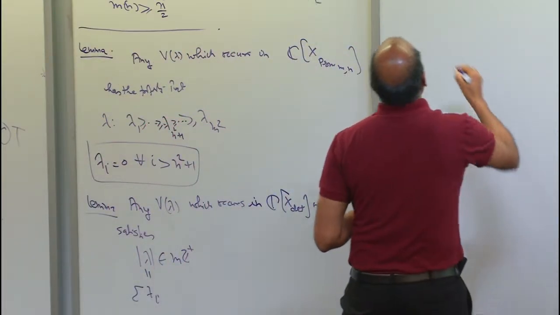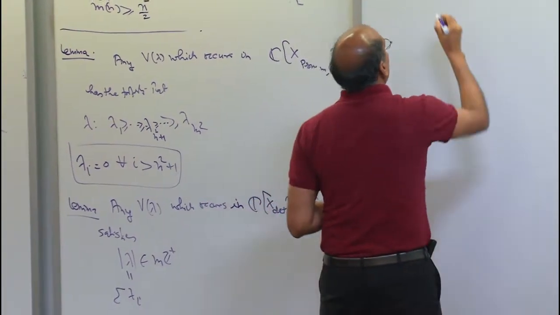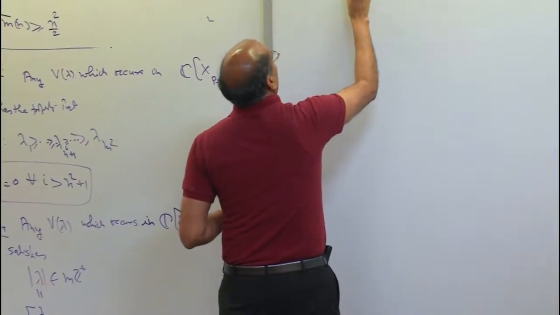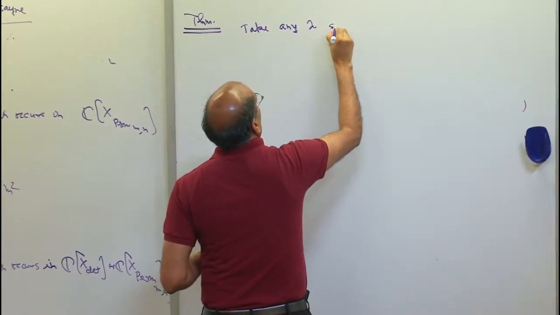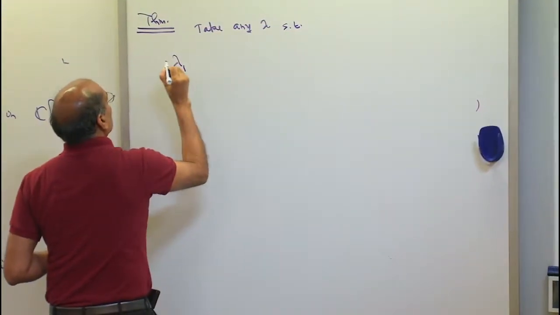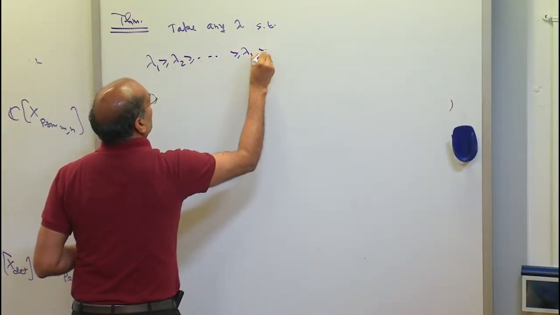So now the next theorem is that, take any lambda of the form lambda 1, lambda 2, up to lambda m, and then zeros.